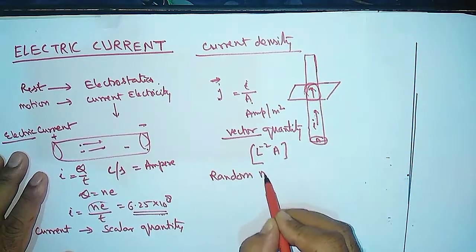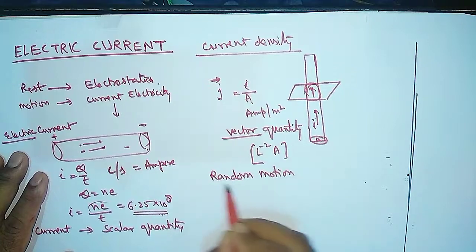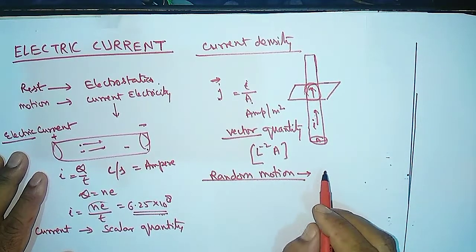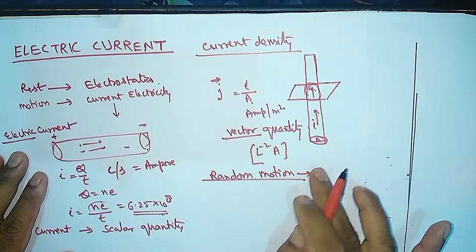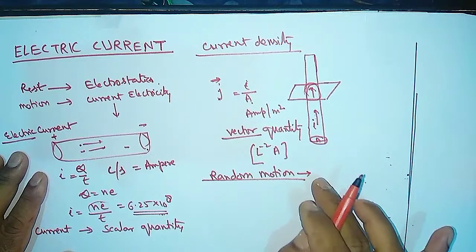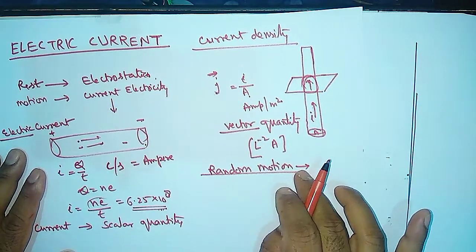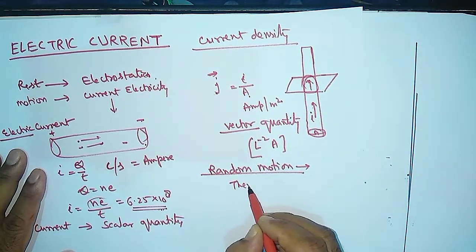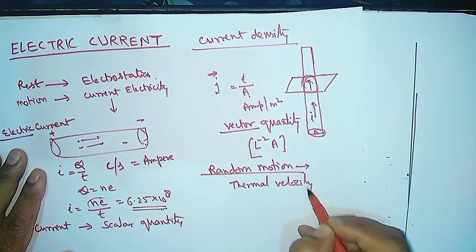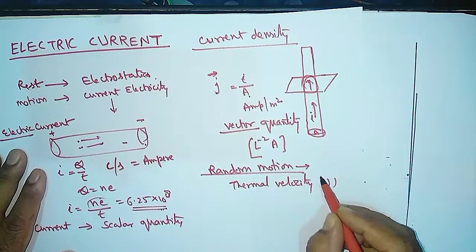Random motion means when the electrons are moving at normal temperature, at room temperature. In that case, the speed or motion of the free electrons is known as the thermal velocity. Thermal velocity is generally denoted by u.